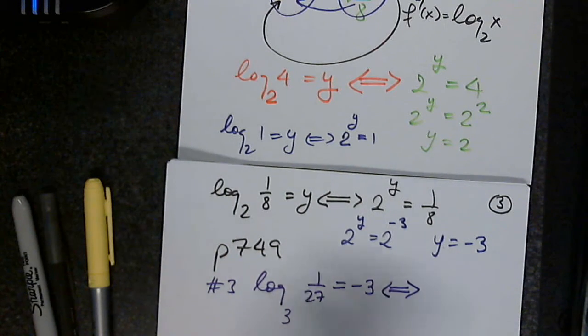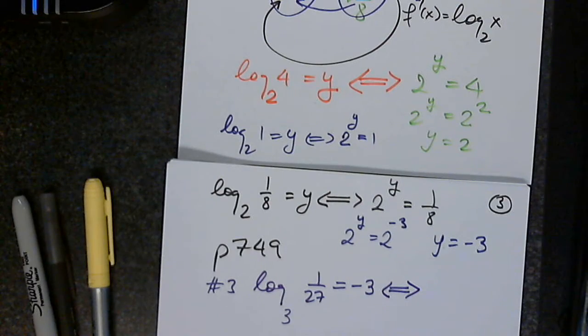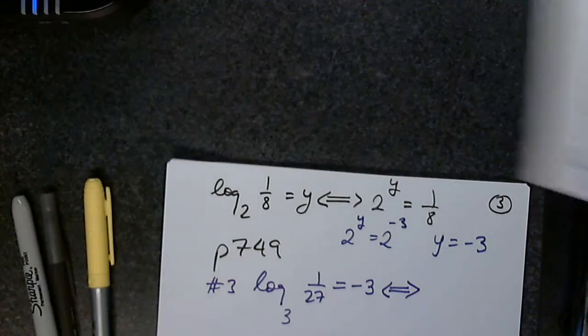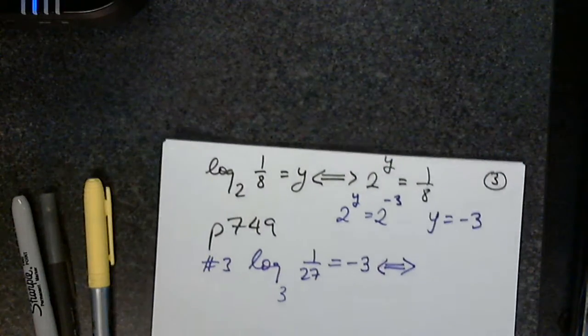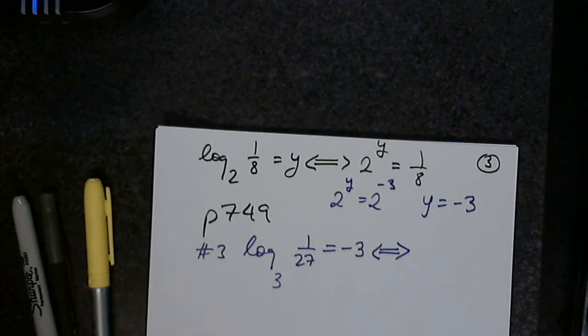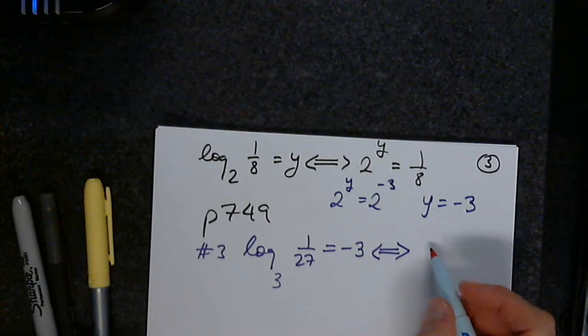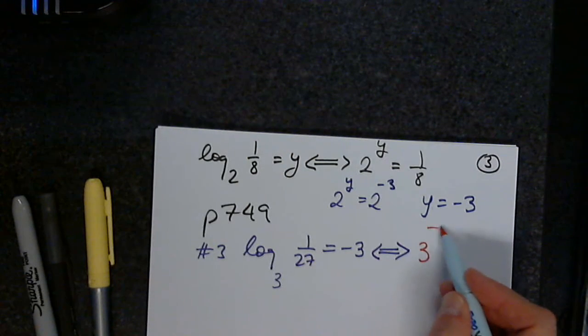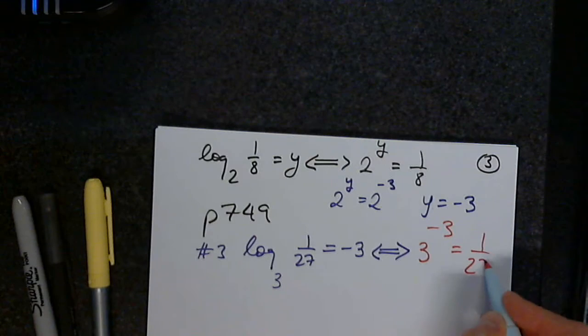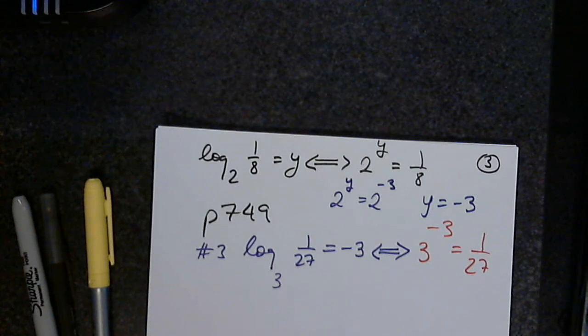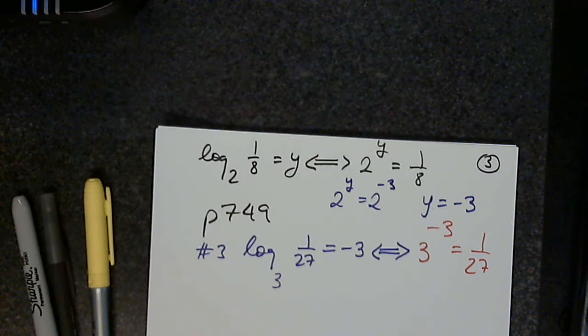They only want us to convert it into an exponential equation. Can anyone convert this into an exponential equation for us? 3 to the negative 3. Excellent. Equals 1 over 27. Good. Is this true? Yes, it is. Perfect. Very good.